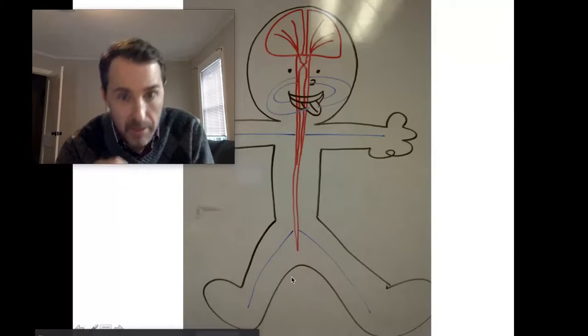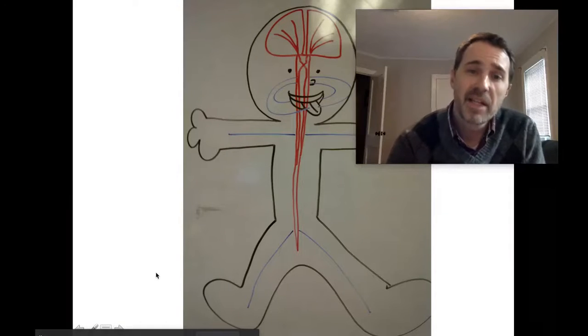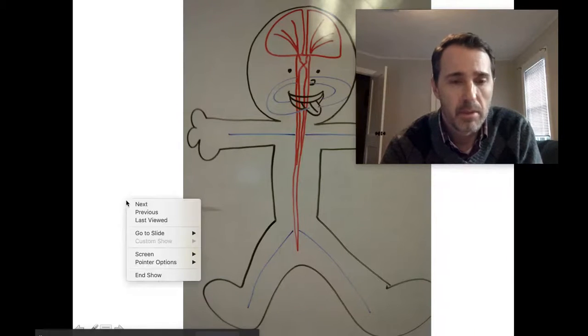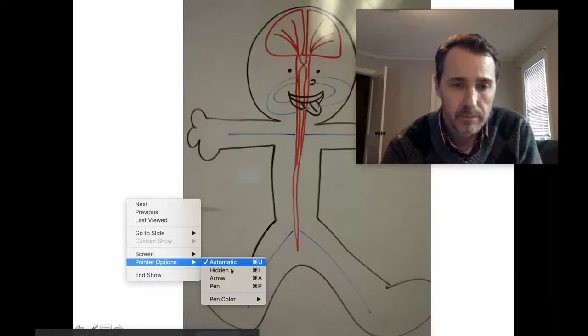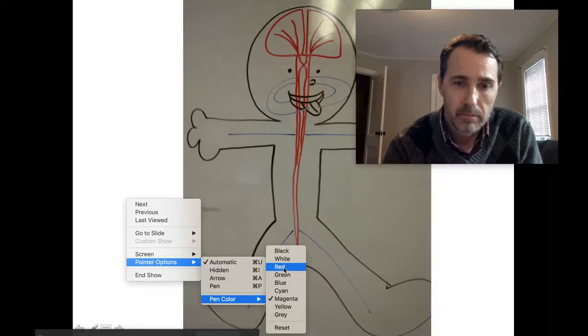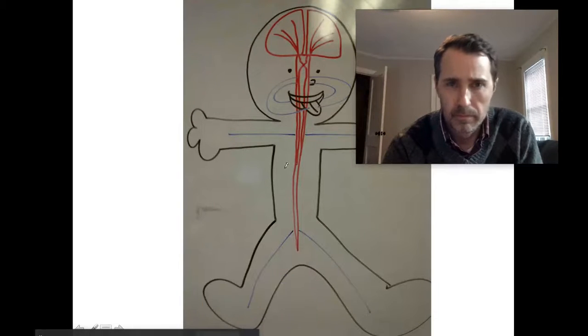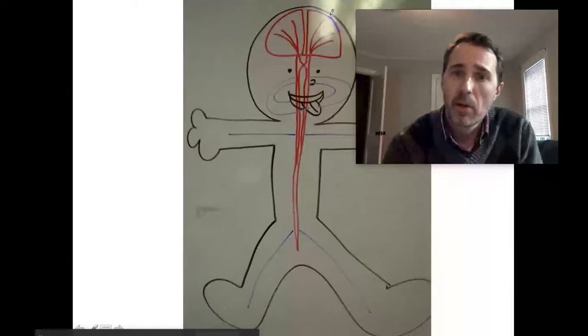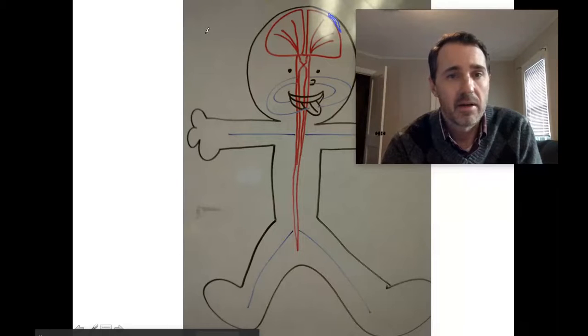Okay, so let's look at this real quick. Instead of sending a motor plan out to my hand, let's say I'm going to send a motor plan out to my tongue. Up here at the motor strip, the motor plan is generated. We'll say this is the left side.